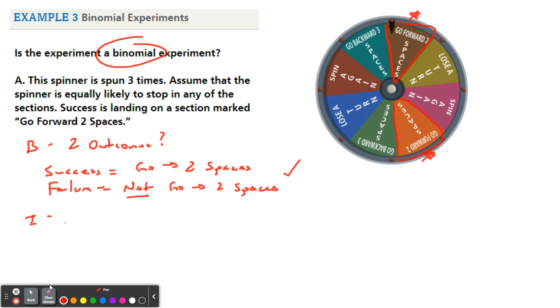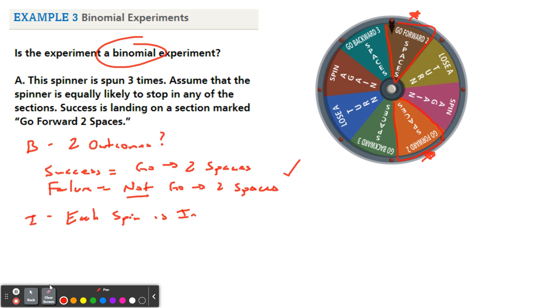Next, I for independent. Notice that it doesn't matter what the first spin was. When we spin the second one, it's going to be independent. There's no replacement issue here. When you're deciding about independence, you either have to know the situation or the words tell you it is or it is not.